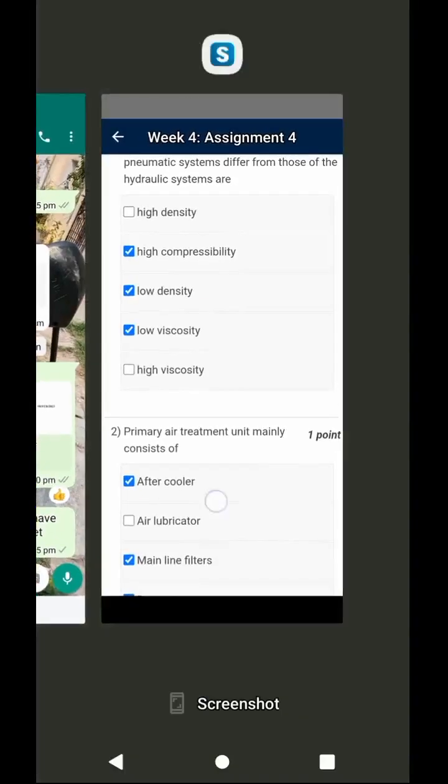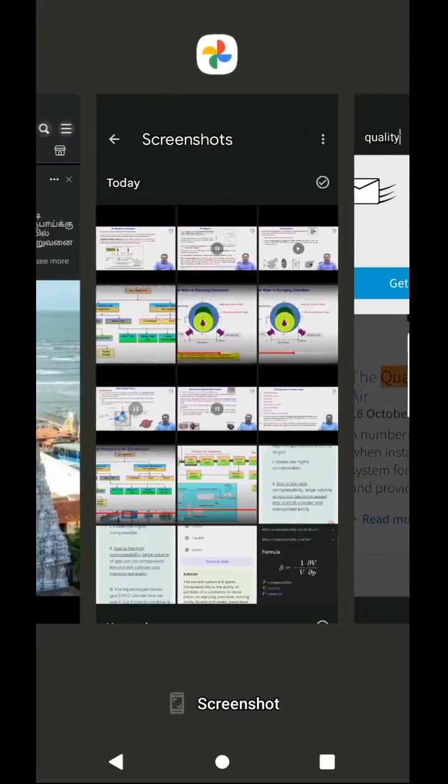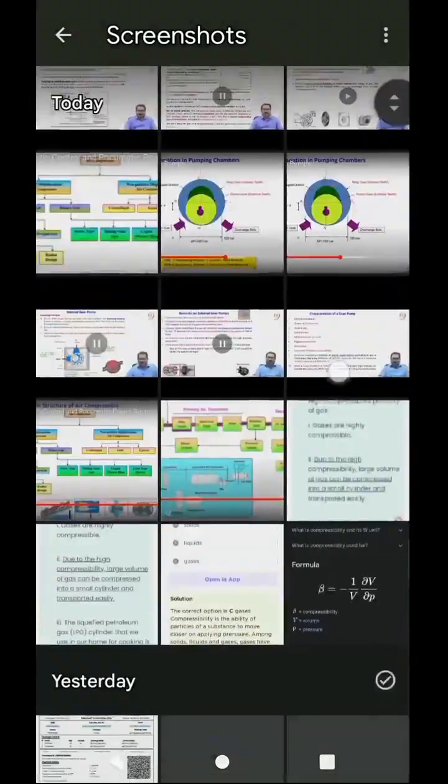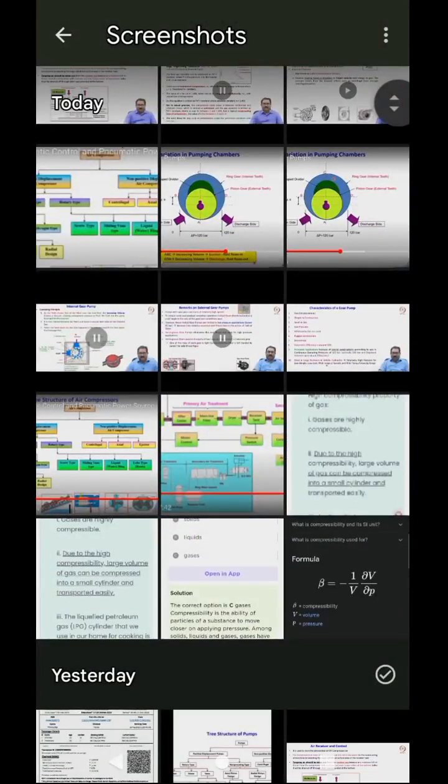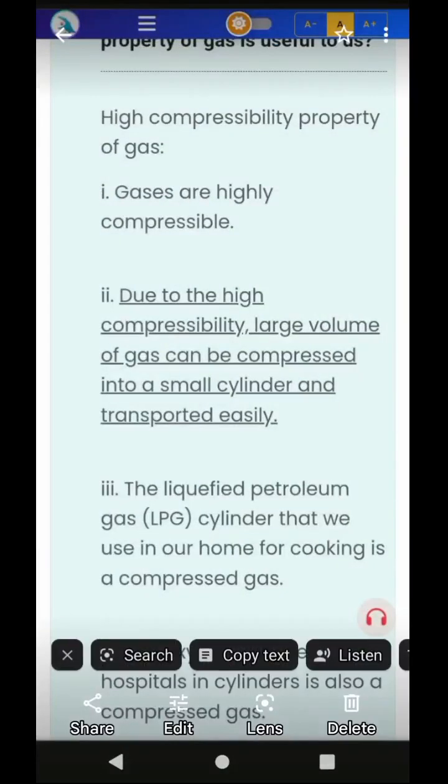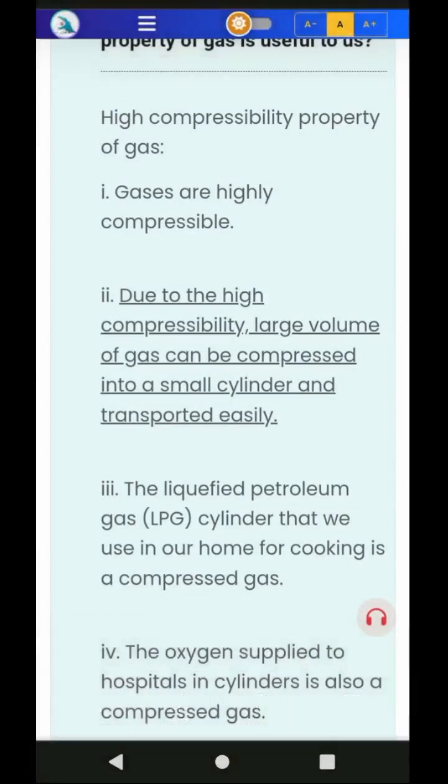I will show one example. Check this picture: high compressibility property of gas. The gases are highly compressible. Due to high compressibility, a large volume of gas can be compressed into a small cylinder.